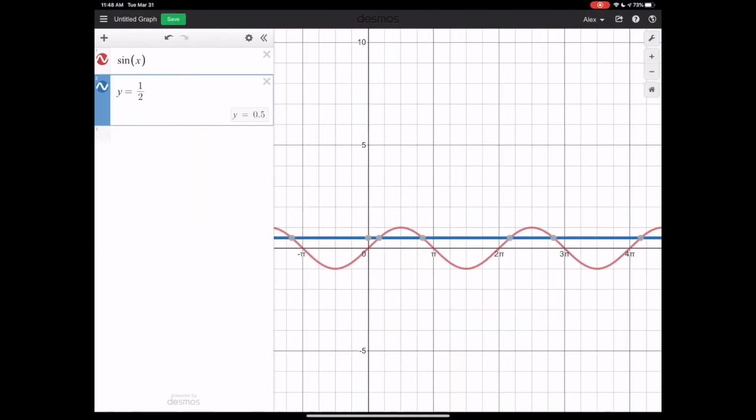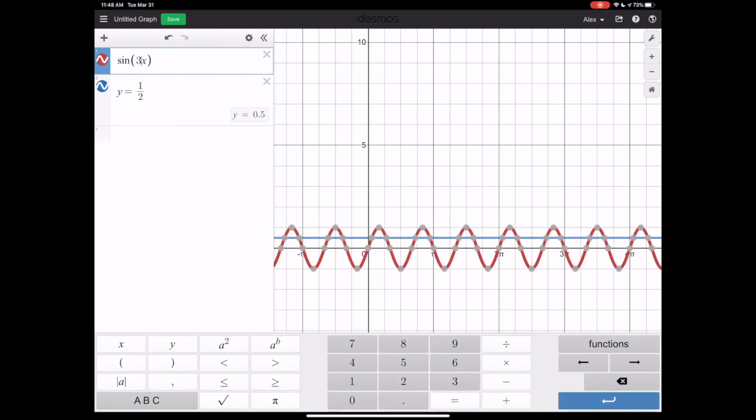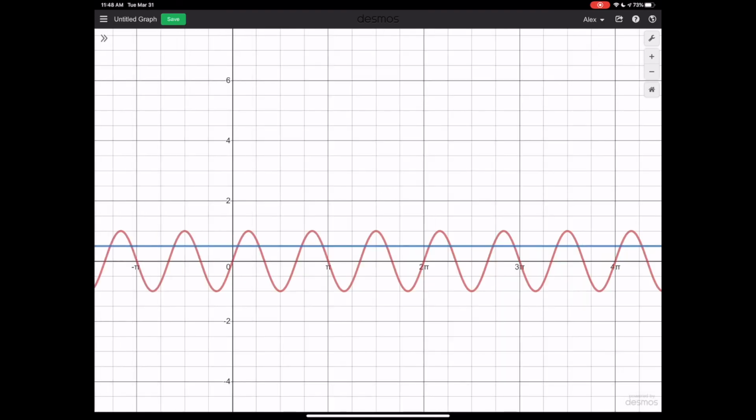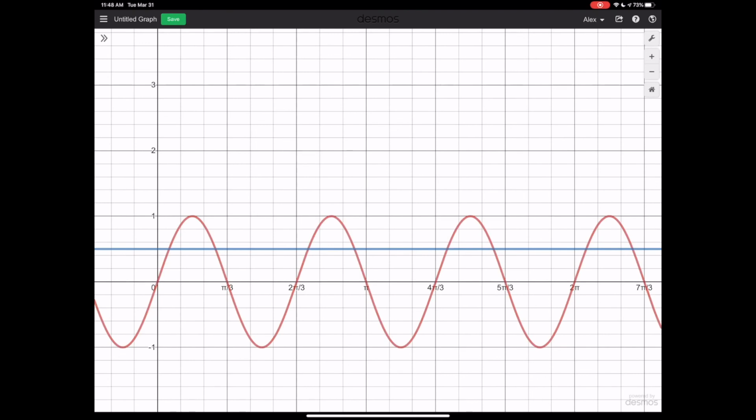This was the original. Now again, I'm changing my frequency. So notice it's essentially like a spring. I'm compressing it, meaning that within one cycle of 2 pi, which you'll see on the right-hand side of the screen, and starting at 0 on the left-hand side of the screen, look at the number of intersections that we have.